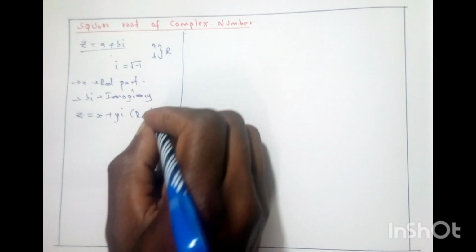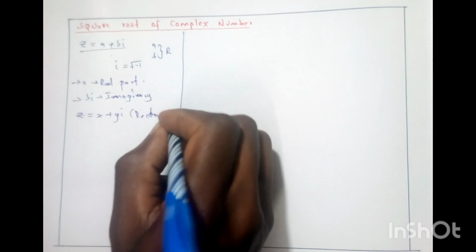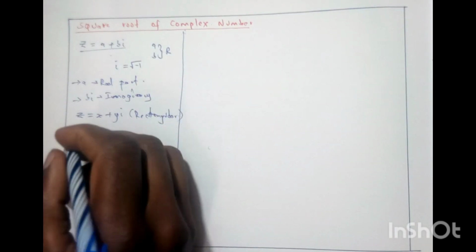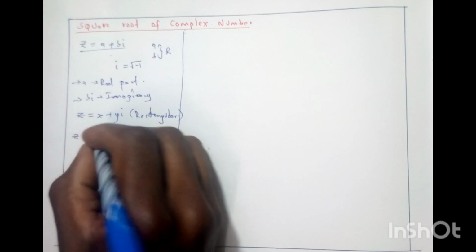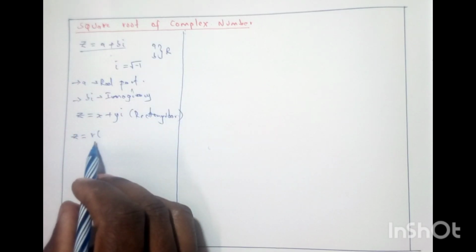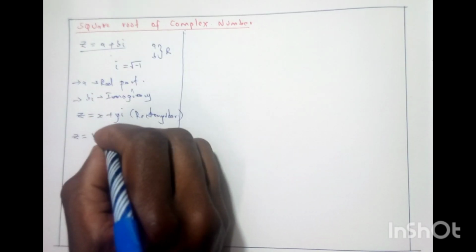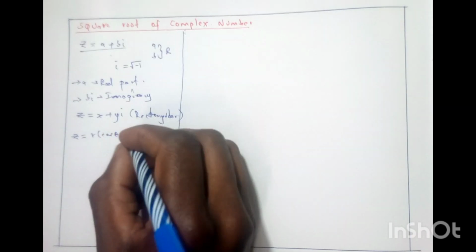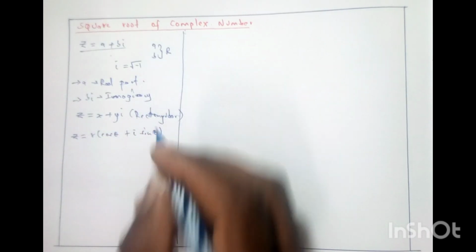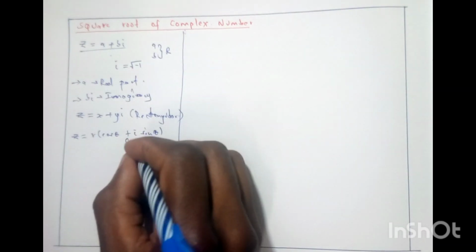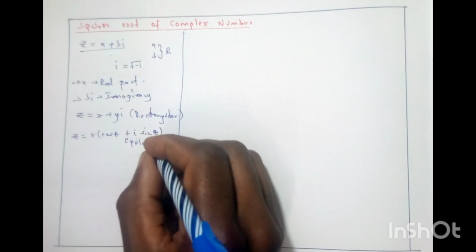the general case for representation of a number can be given as x plus yi, and this is going to be referred to as a rectangular form, as I've said. The second part, we can give it in terms of a polar form, where r is the modulus, and this is given as r times the cosine of an angle theta, plus i times the sine of theta, and this is going to form a polar form representation of complex numbers.